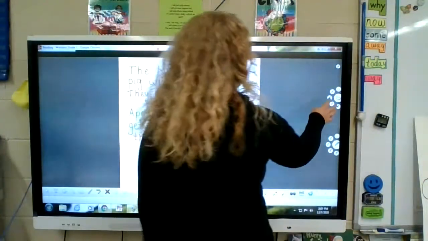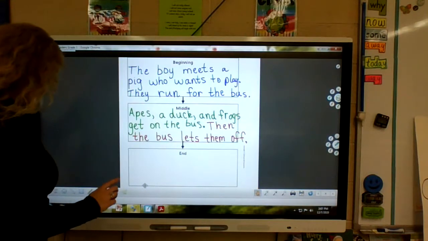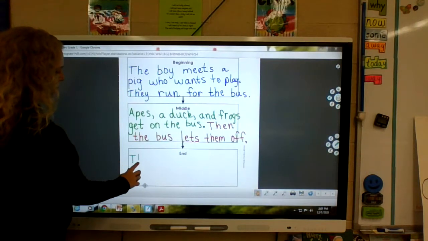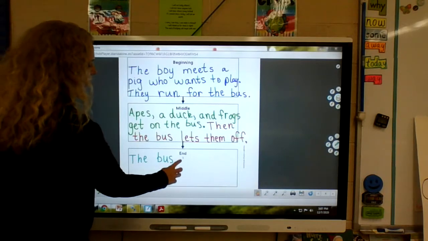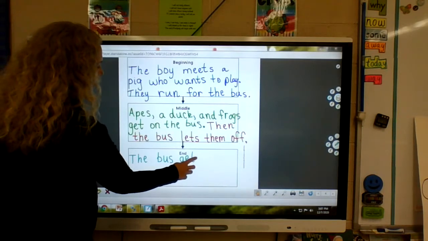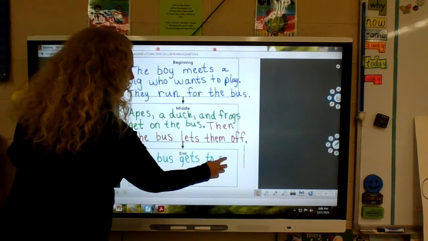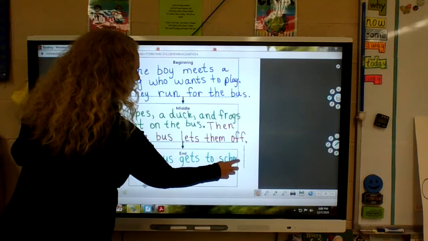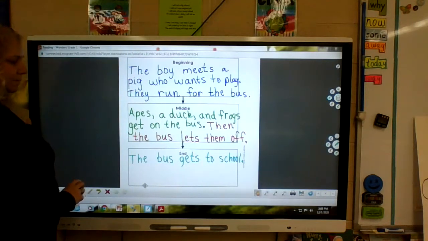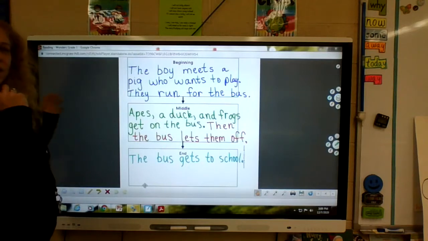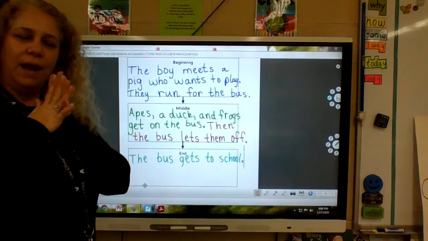Okay, so let's say the bus gets to school. I think the crocodile is kind of an important event because it's another animal that he sees.